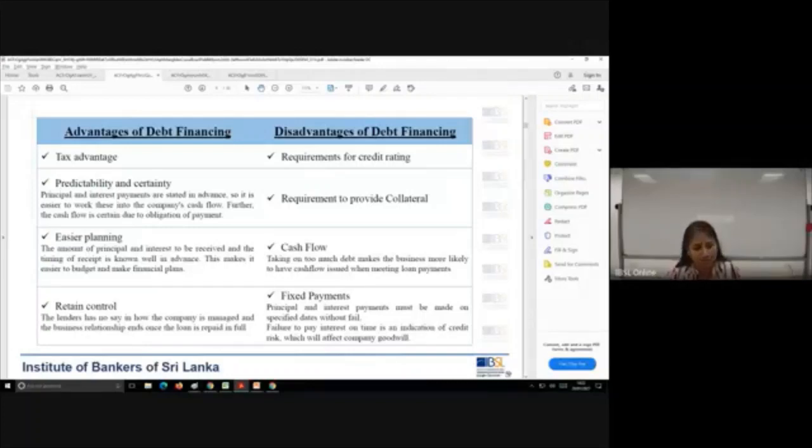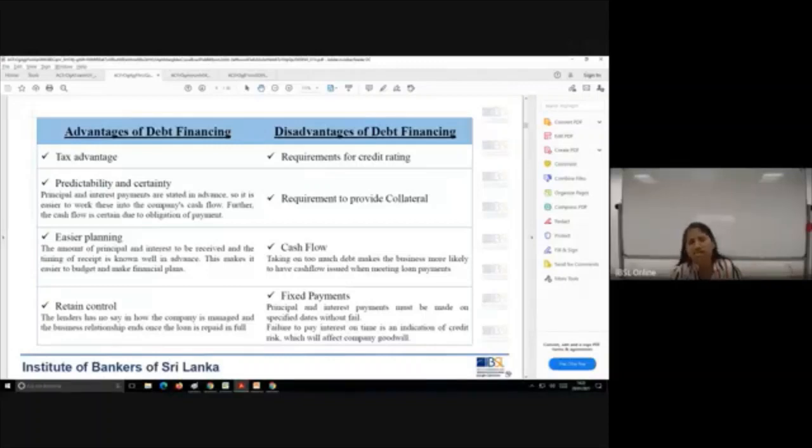Equity will get diluted. In debt financing, no. The lender has no say in how the company is managed, and the relationship ends once the loan is repaid in full. It's a loan relationship only. They are not the owners of the company. Okay, so those are the advantages of debt financing.